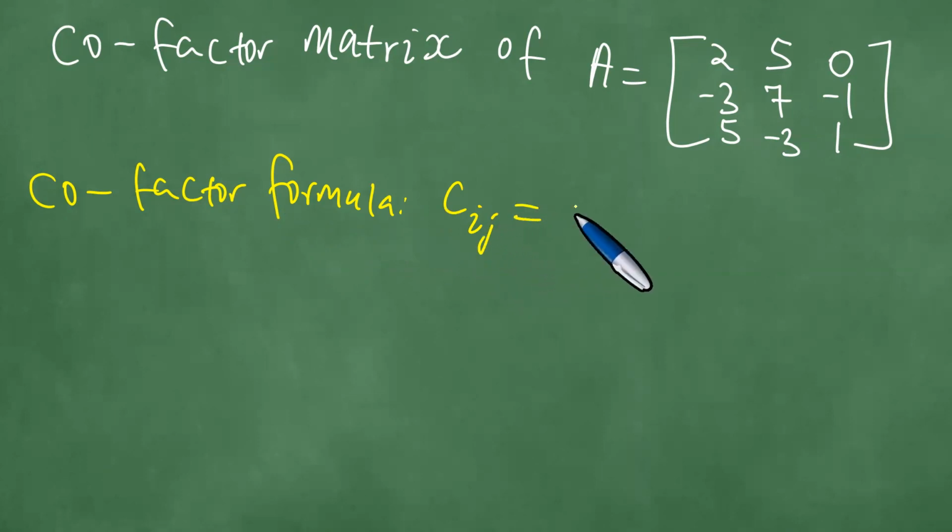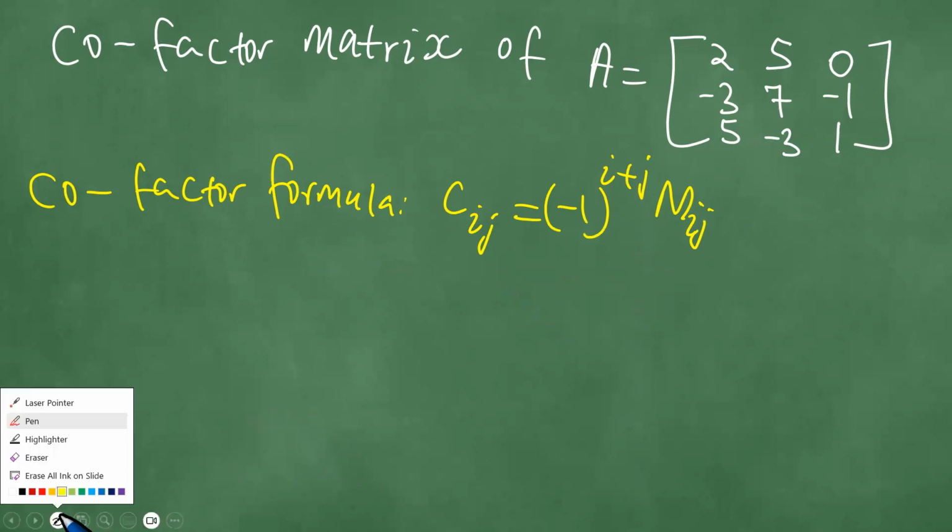Cij is minus 1 to the i plus j times the minor. So in other words, Cij is the cofactor of the entry in the ith row, jth column, which is minus 1 to the power i plus j times the minor of the entry in the ith row, jth column.